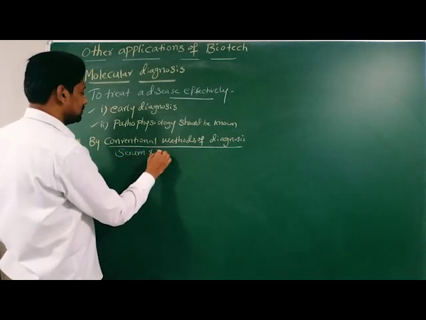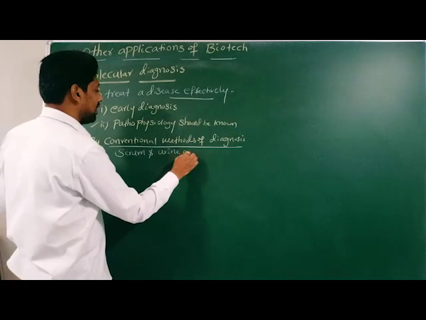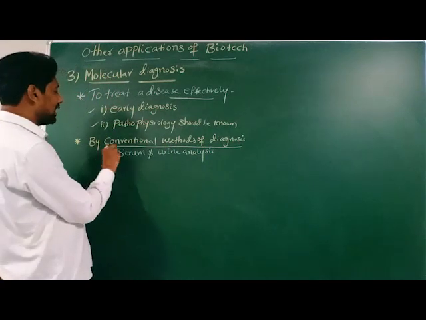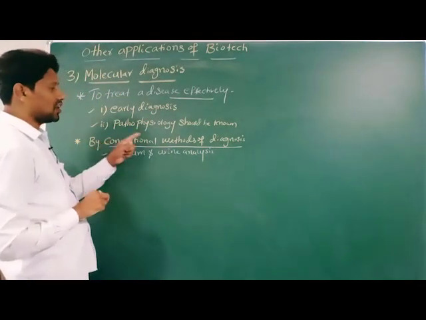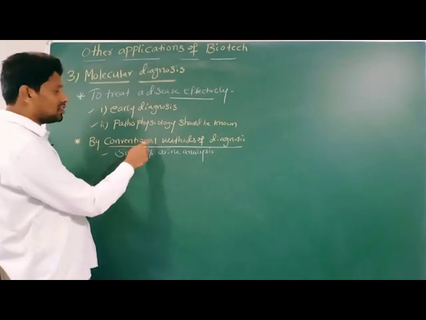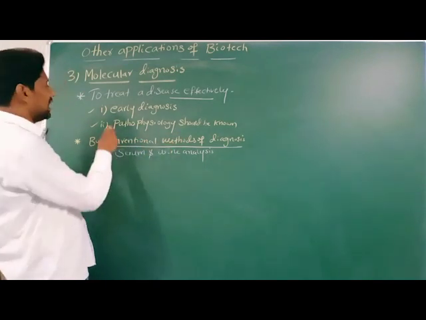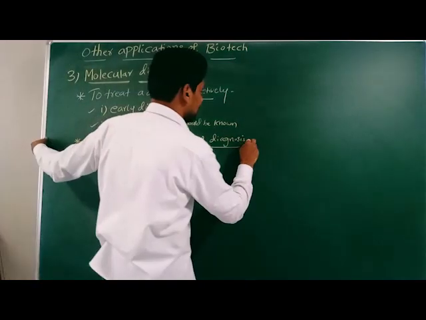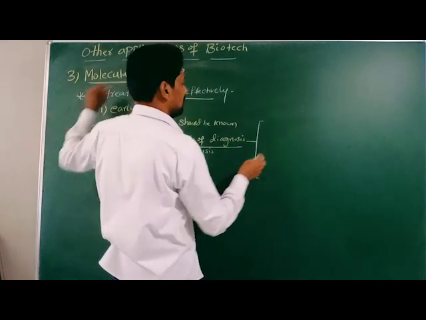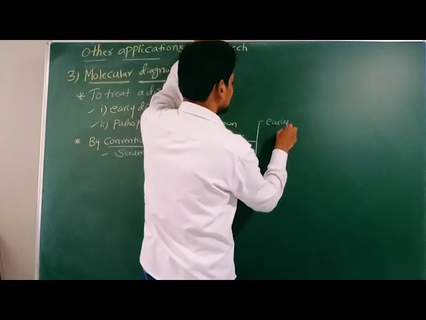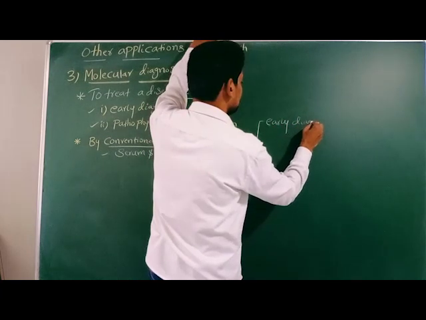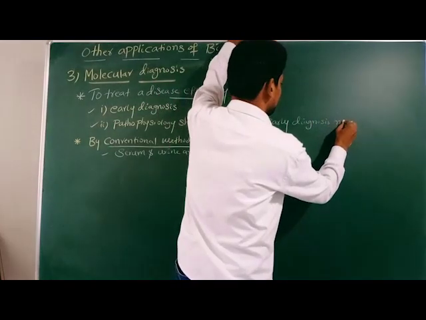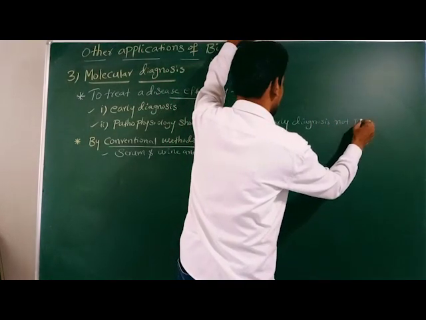Serum analysis and urine analysis. They come under conventional methods of diagnosis. By conventional methods of diagnosis, right, early diagnosis is not possible. Possible or not possible? Not possible. Early diagnosis is not possible.